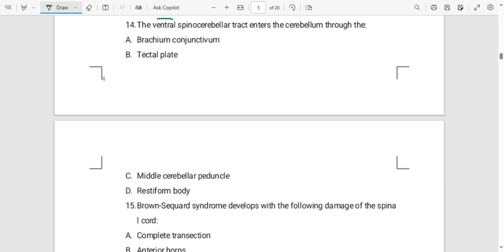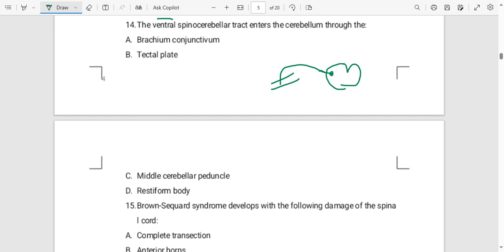Let's say you come from your muscle, you are going to the spinal cord. Specifically in the spinal cord, for this anterior spinocerebellar, you are going to lamina 7, the spinal border cells in lamina 7.